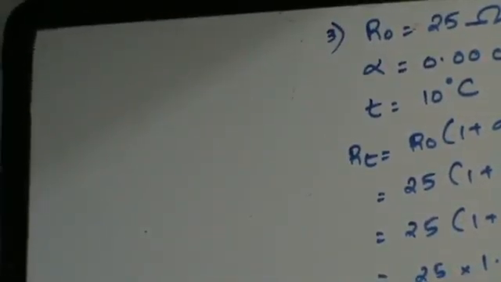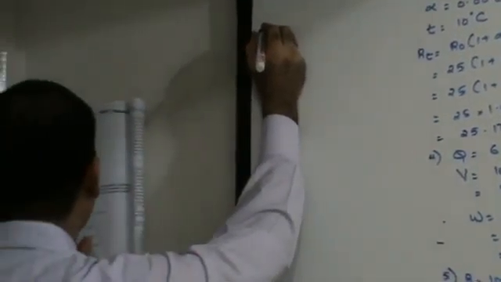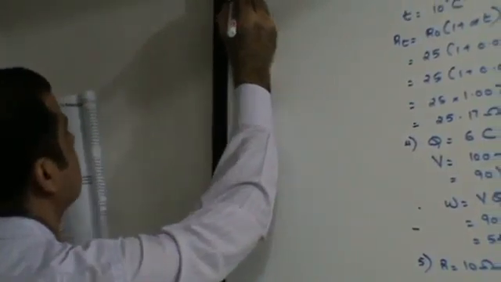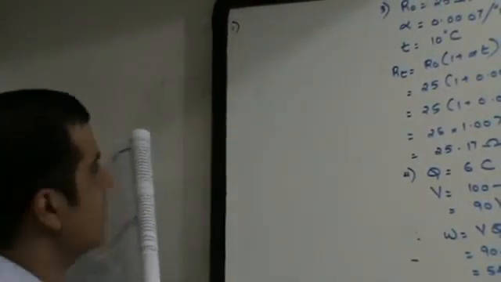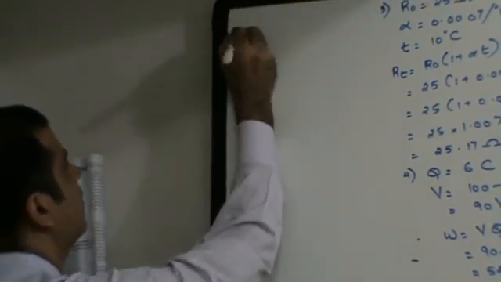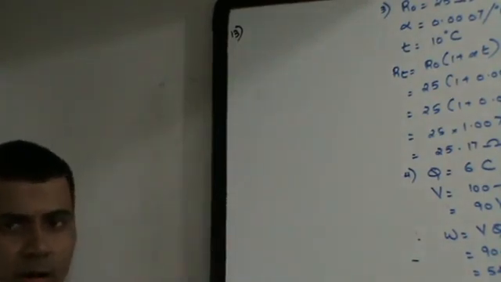A house has 60 watts 10 bulbs. W-A-T-T, watts, however you may say it.